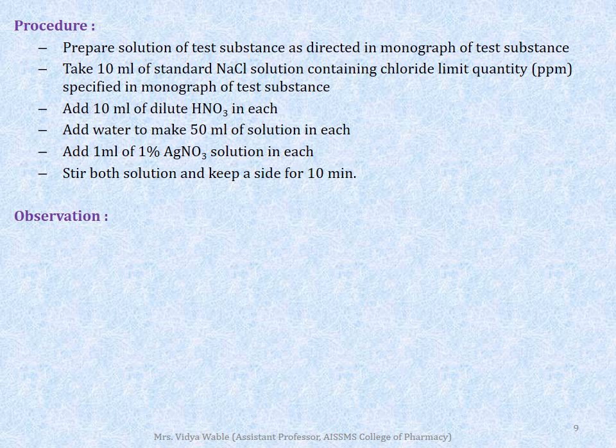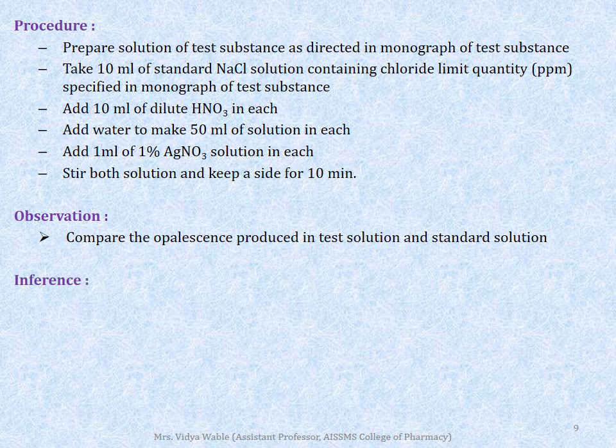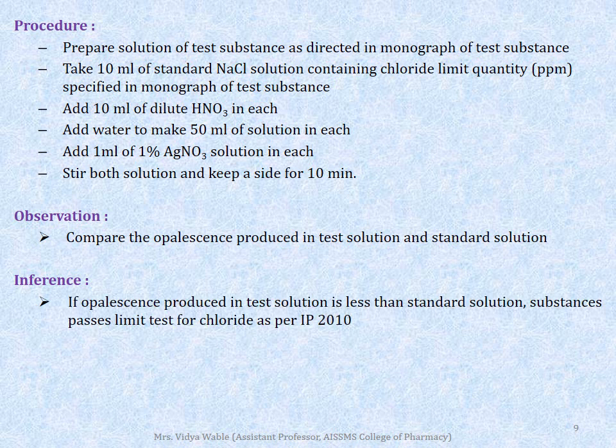Now what is the observation for the limit test of chloride? Compare the opalescence produced in the test solution and the standard solution. The inference is: if the opalescence produced in the test solution is less than the standard solution, the substance passes the limit test for chloride as per IP 2010.